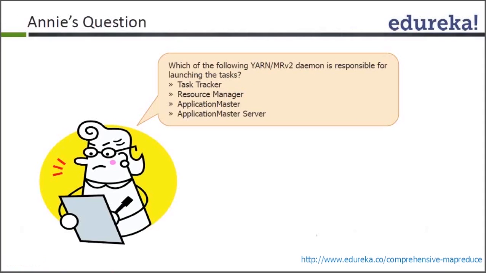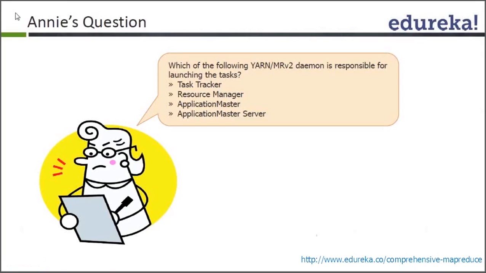There we go. Which of the YARN or MapReduce 2 daemons are responsible for launching the task? What is actually the meaning of a task over here, guys? The map and the reduce containers. That is the meaning of a task over here. So who is responsible for launching the task, my dear friend? Most of you have got it correct.